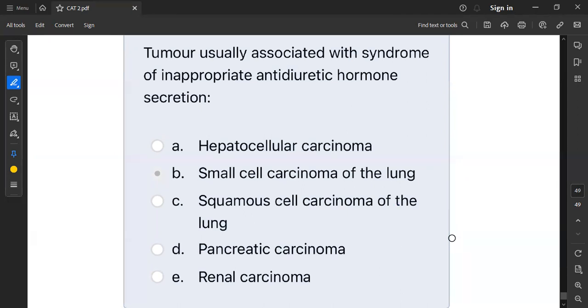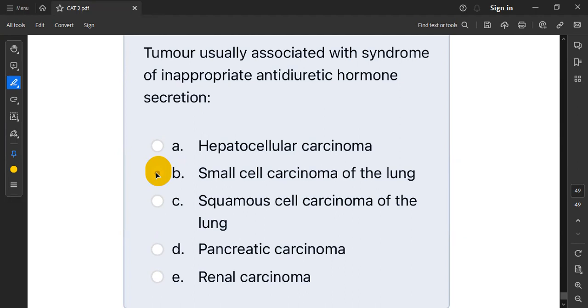Now, for hepatocellular carcinoma, which marker will be raised? Yes, the alpha fetoprotein.